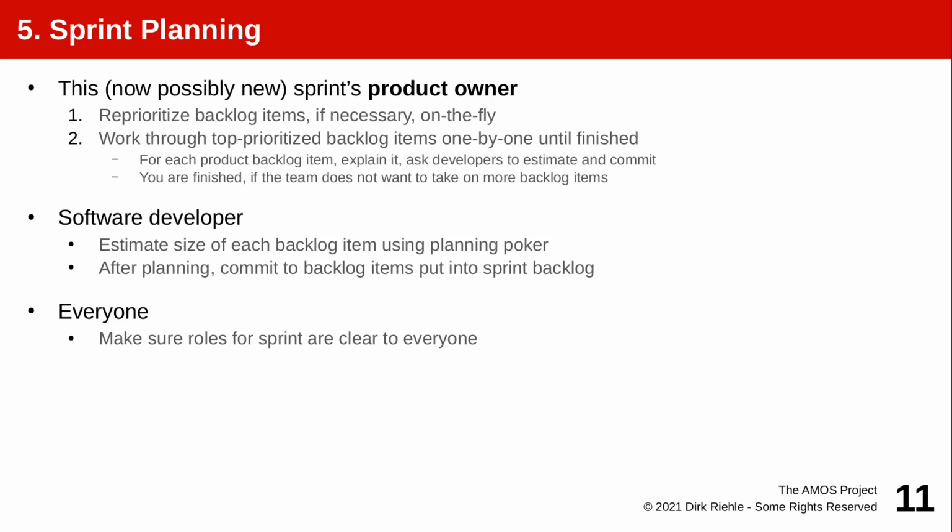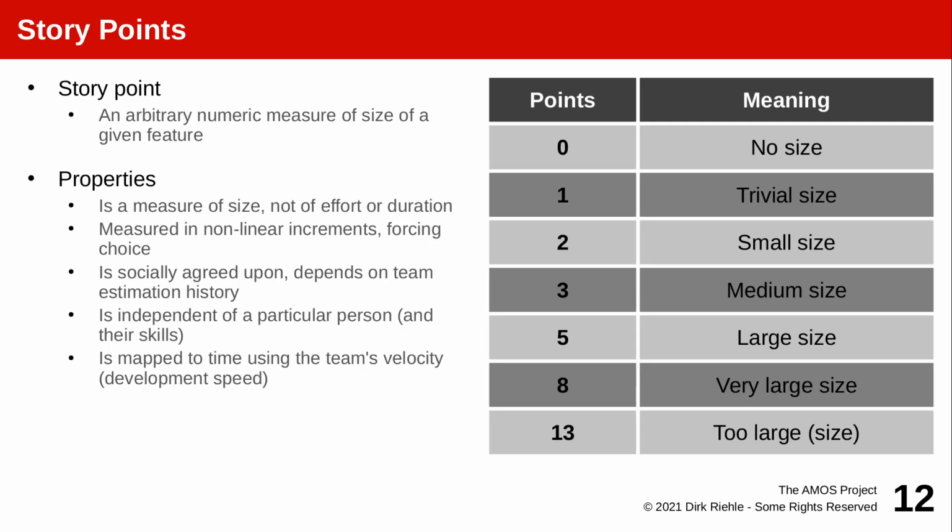So this is the so-called planning poker, using a measure of size or effort called user story points. So story points are, again, a way of measuring the size of some feature in the product backlog or in any backlog, really.